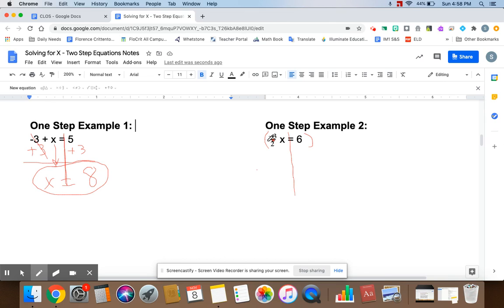Remember, if it's on the bottom of the fraction, it means it's getting divided by 2. And the inverse of division is multiplying. So I'm going to multiply both sides by 2. This 2 divided by 2 cancels and will just become the -3 from the top of the fraction and the x that's right there, equaling 6 times 2, which is 12. All right, how do I get rid of the -3 now?